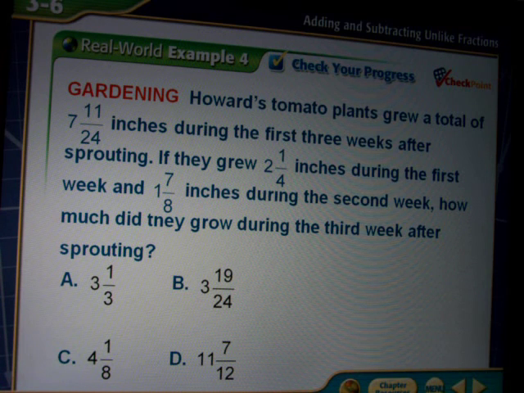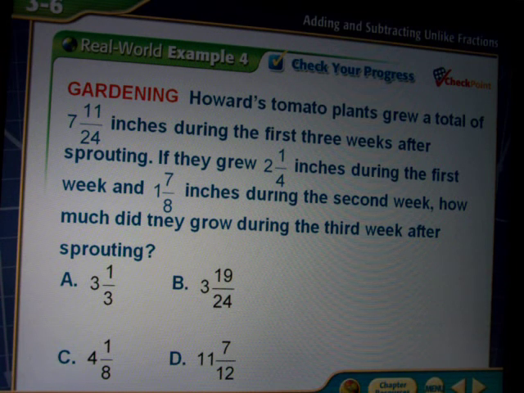So Howard's tomato plants grew a total of 7 and 11/24 inches during the first 3 weeks after sprouting. If they grew 2 1/4 inches the first week and 1 7/8 inches during the second week, how much did they grow during the third week after sprouting? So add 1 7/8 plus 2 1/4 first, then take that total and subtract it from 7 and 11/24.